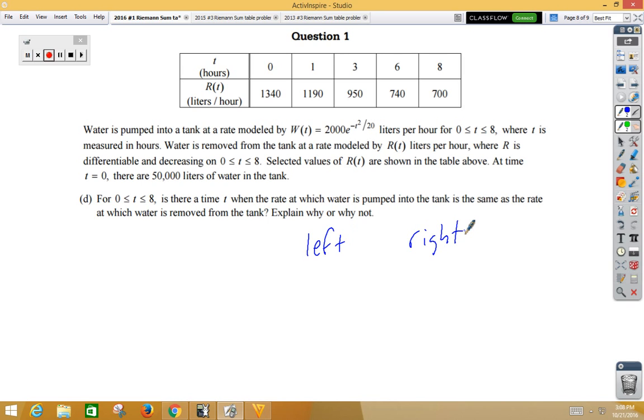And what we're going to try and use is the idea of if the values go from positive to negative, then at some point the value must have been 0, which means they must have been the same. Because if you subtract the two and you get a 0, they were equal to each other. Or it could go the other way around, where it goes from negative to positive, then there must be a 0 to be found.